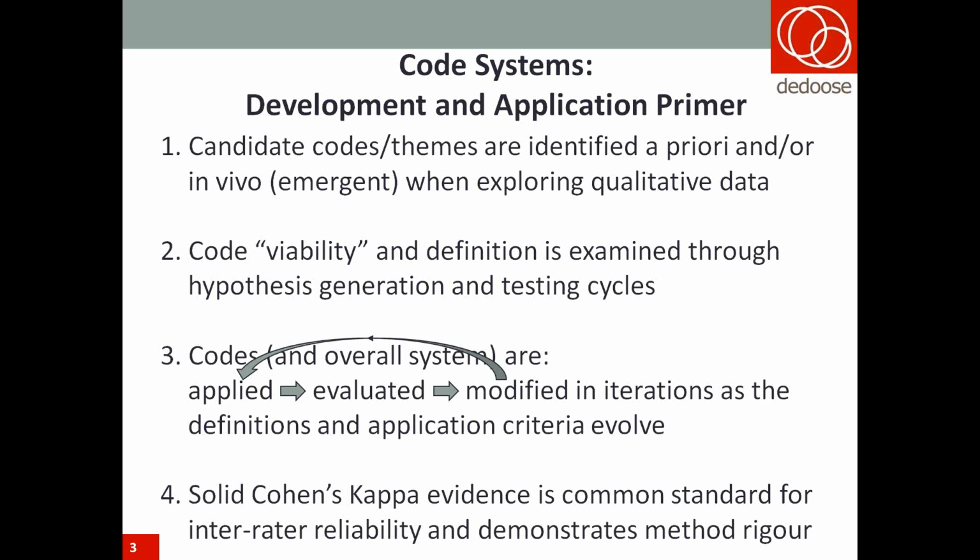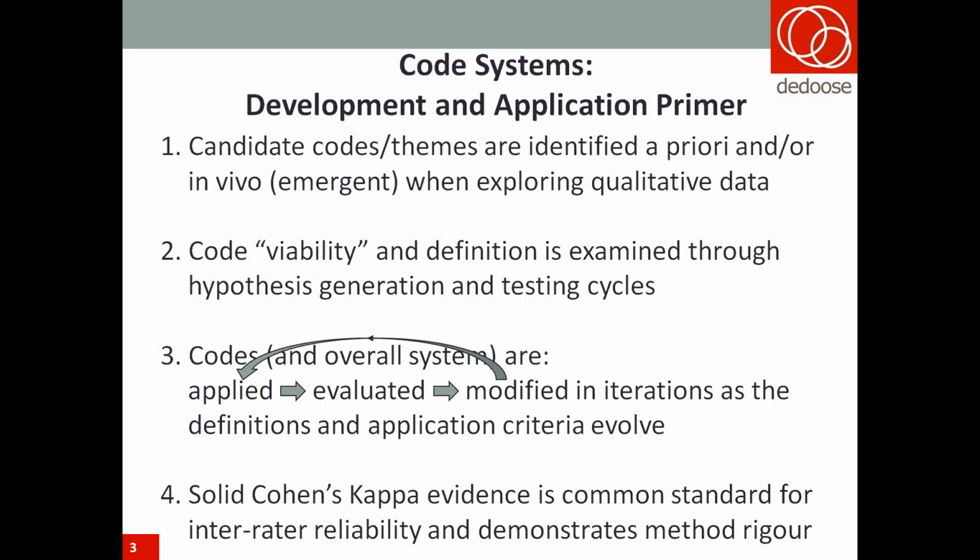That's always a reasonable starting place to develop some a priori candidate codes. We may or may not confirm their value in the data, but we ask questions of our participants, so we can naturally expect to hear things that touch on them, and those are focused on our key research questions as well.